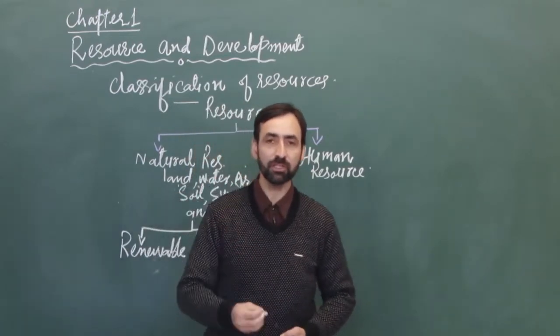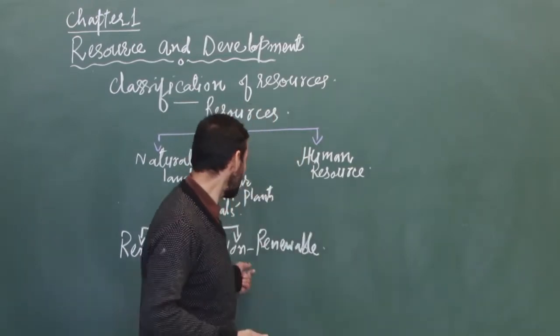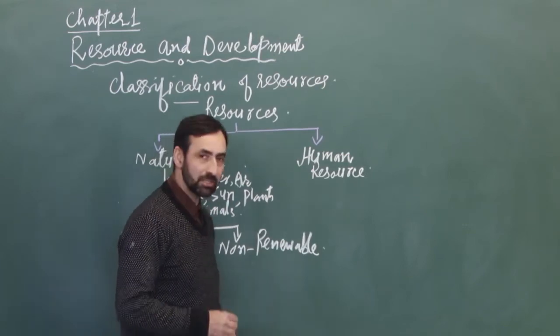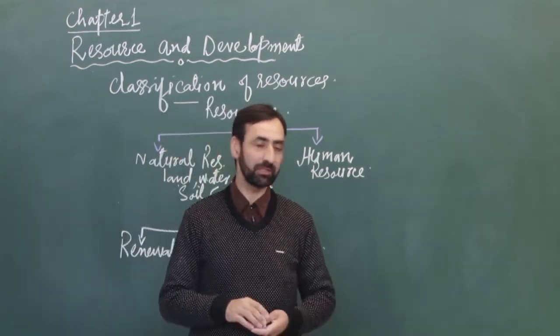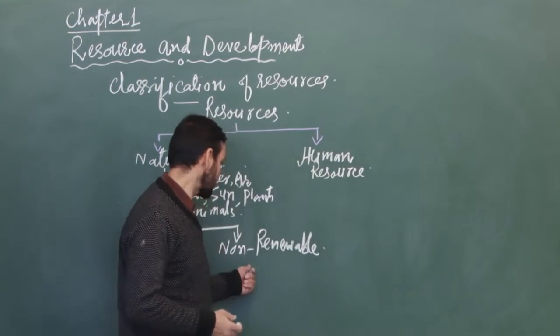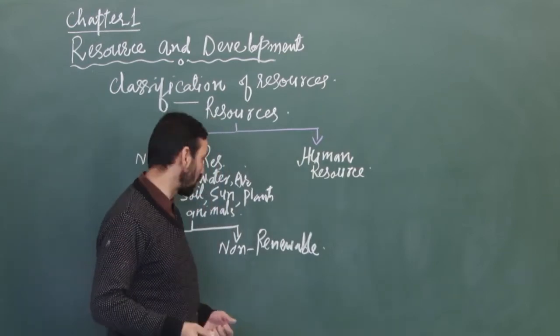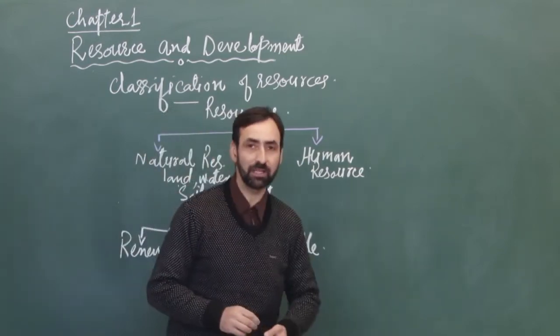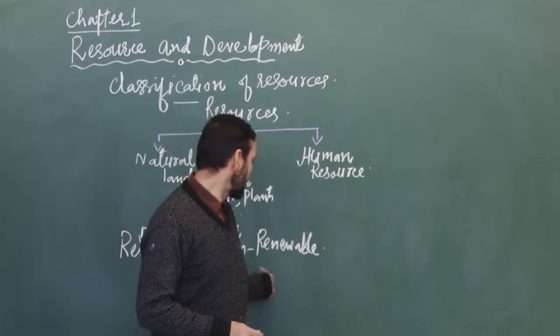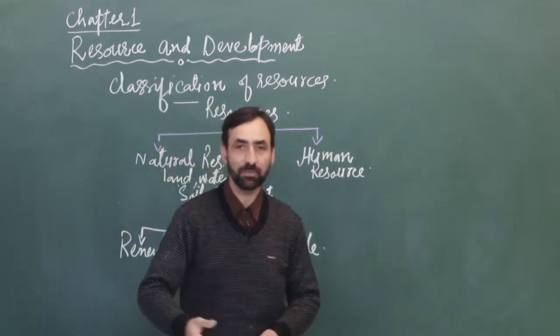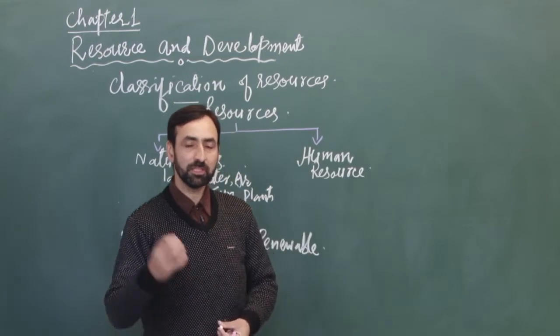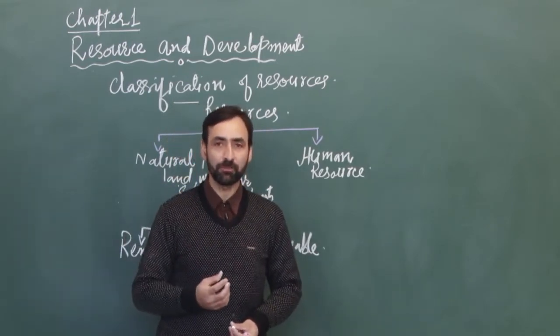Once the reserves are over-extracted, or there is no more found in the earth's crust, such as coal, petroleum, natural gas, gold, and other metals and non-metals, it means we cannot regenerate them.